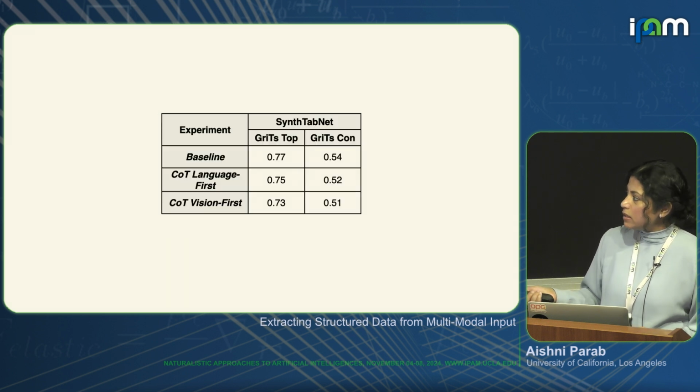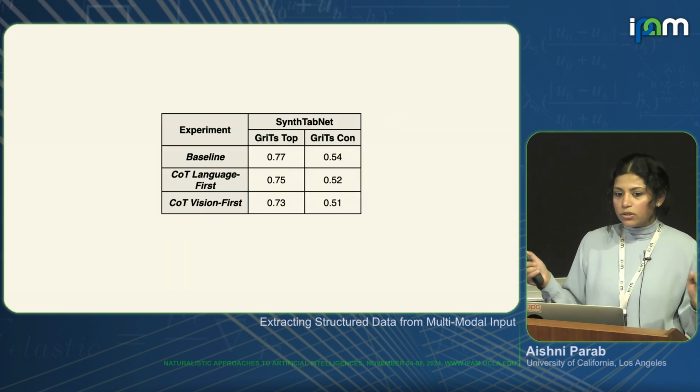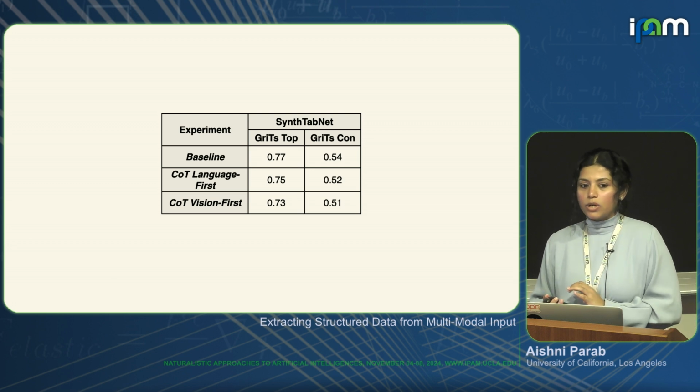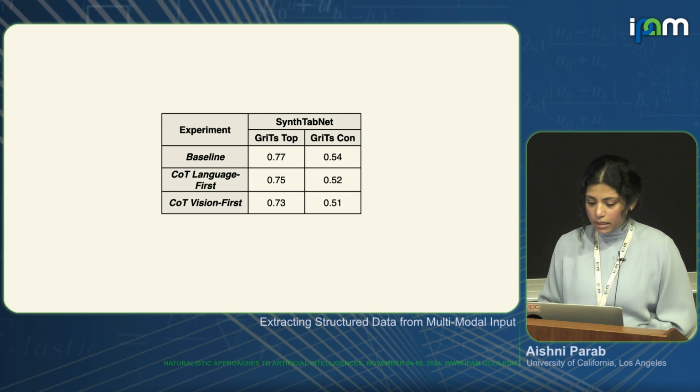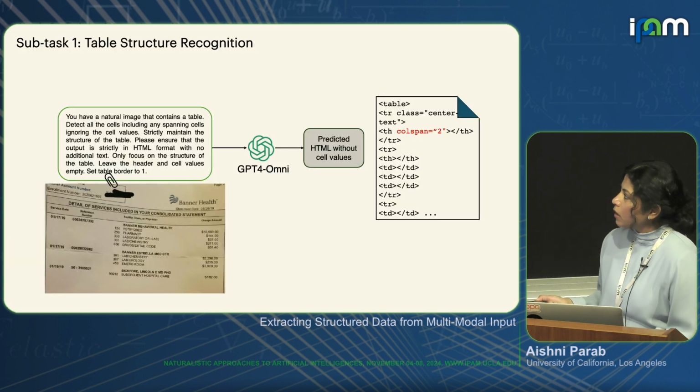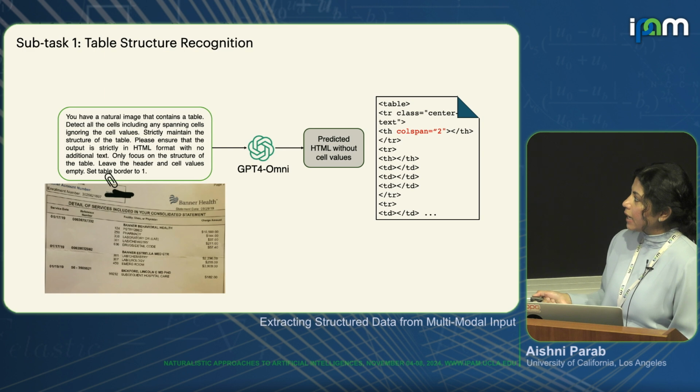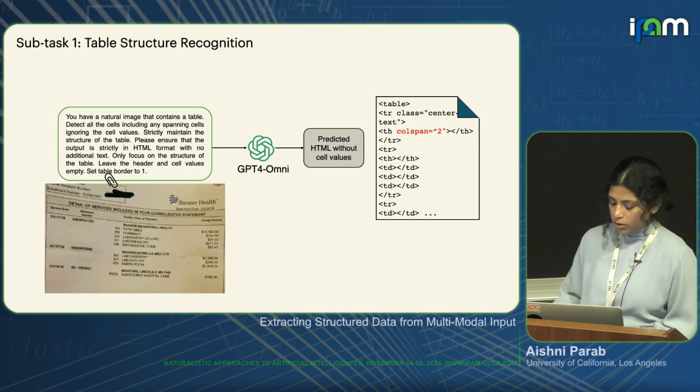So I thought, why not disentangle the task entirely? Instead of doing chain of thought, why don't we try to do table structure extraction separately and table content extraction separately? To run table structure extraction separately, I asked the model to look at the image and just give me the HTML structure, the template of the image.